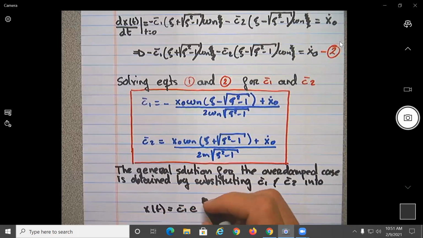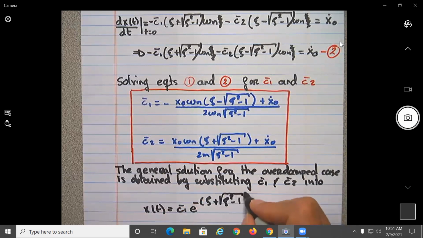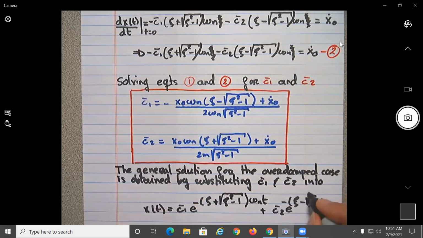exponential of lambda 1, which is equal to minus zeta plus the square root of zeta squared minus 1. I have to be careful here with the omega t to make sure it's outside, plus C bar 2 exponential of minus zeta minus the square root of zeta squared minus 1, omega n t.